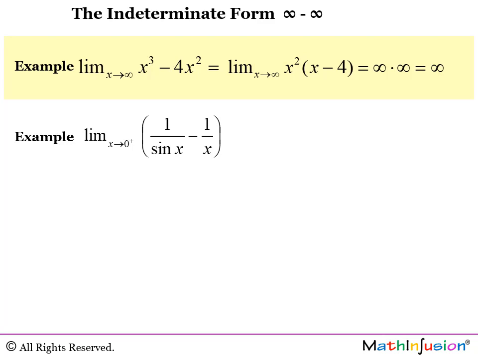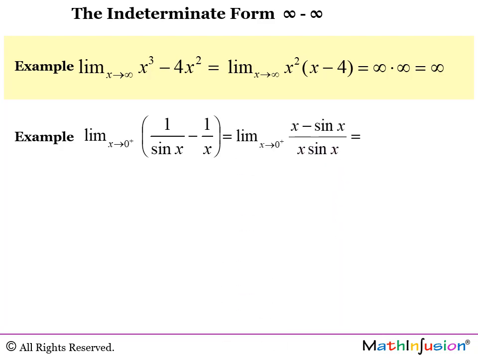Here's another example. This form is also infinity minus infinity. 1 over sine x when x approaches 0 from the right is 1 over 0 plus, which is infinity. 1 over x when x is 0 plus is also infinity.